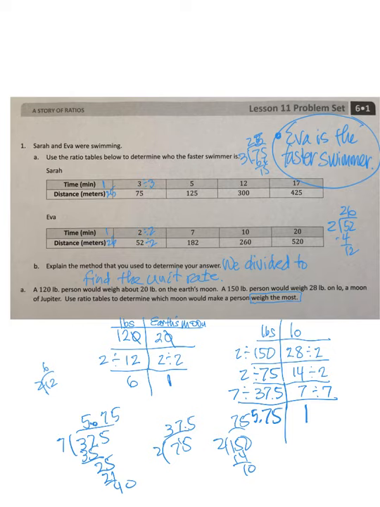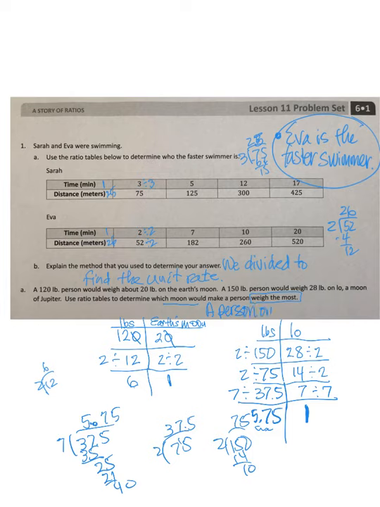If you weigh this much on Earth, which moon would make the person weigh the most? So here, this is a little bit of reverse, but you don't weigh as much here, but you weigh the same on Io.